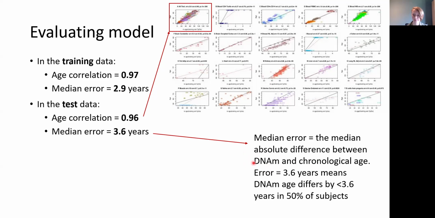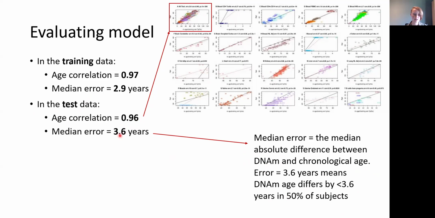So I've used that as well. So essentially in their test data, they had a pretty good correlation of 0.96. That's really good. And their median error was 3.6 years. So essentially that means, as you can see here, that the predicted age differs by less than 3.6 years in around 50% of the subjects.